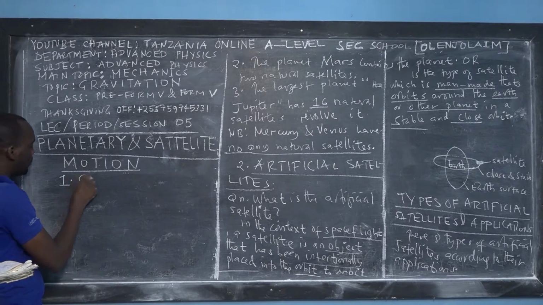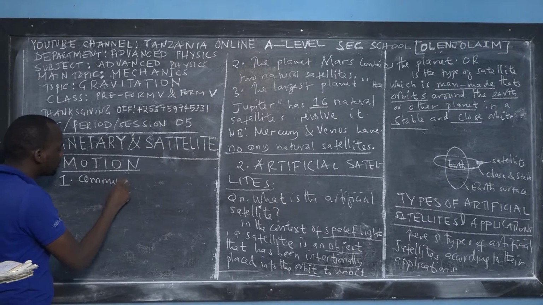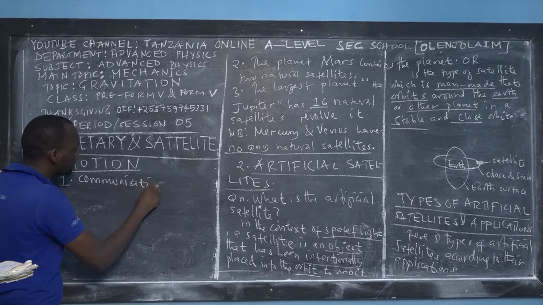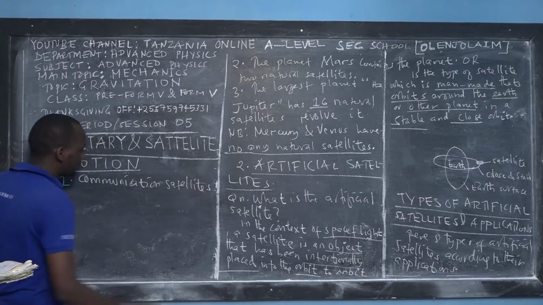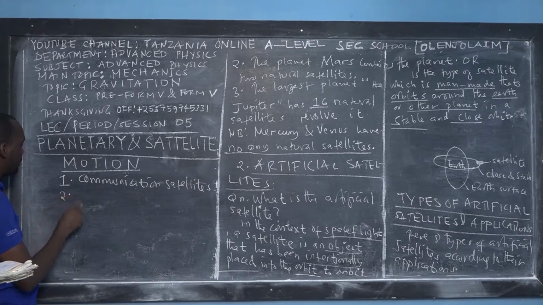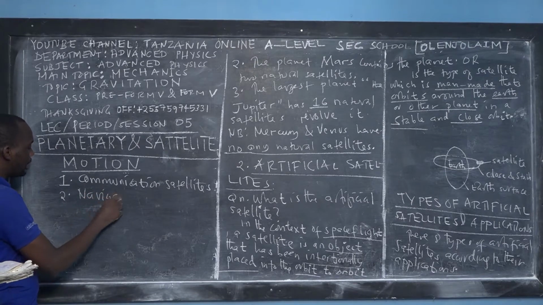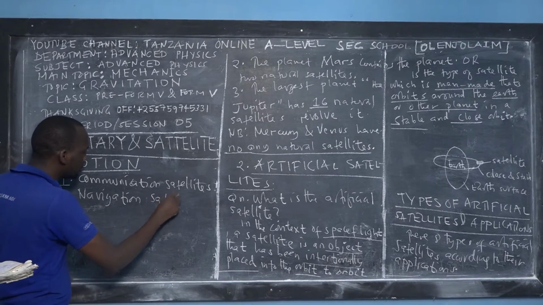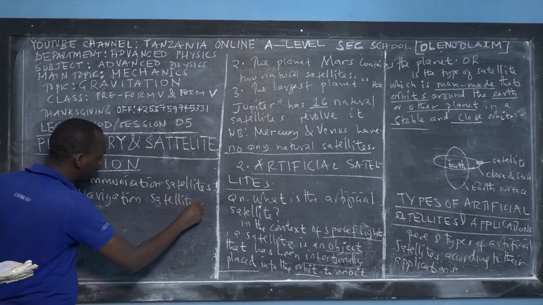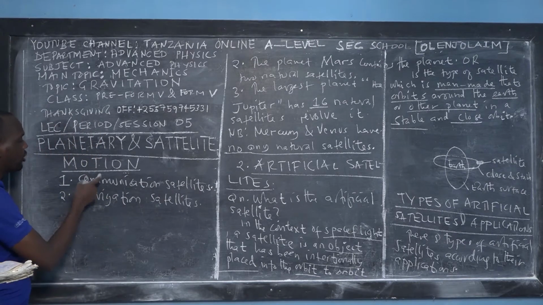The first type, we have communication satellites. So we have communication satellites as the first type. Also we have navigation satellites for navigation purposes. This is for communication, for telecommunication.